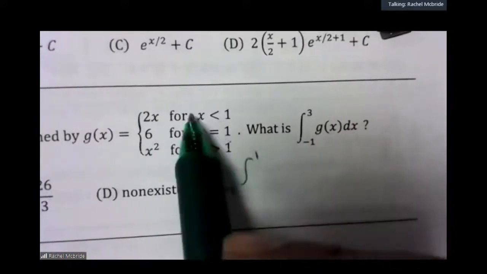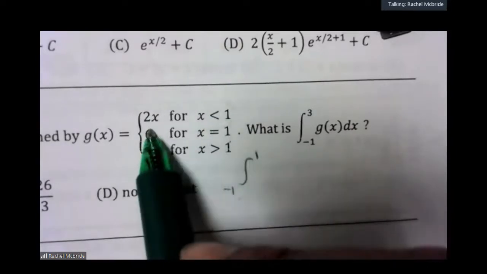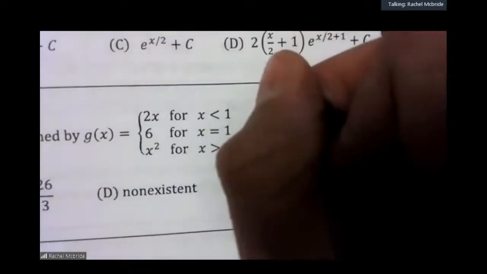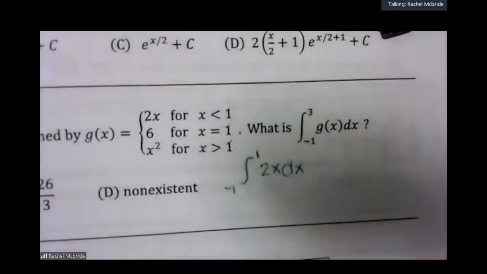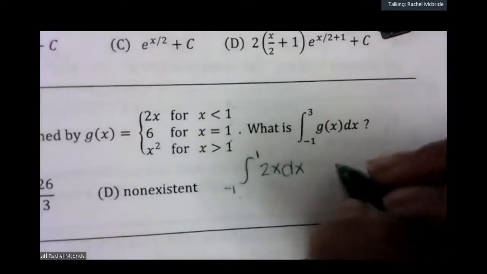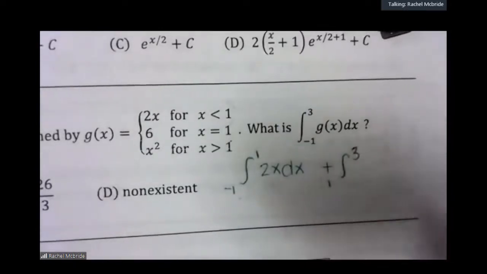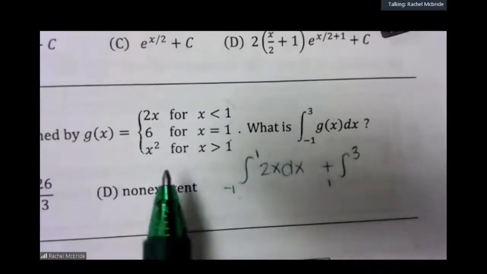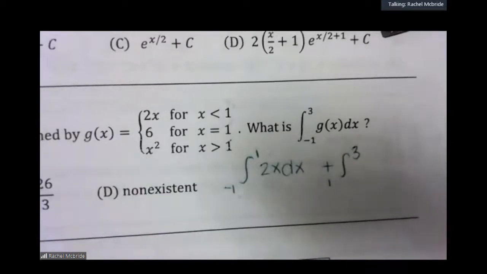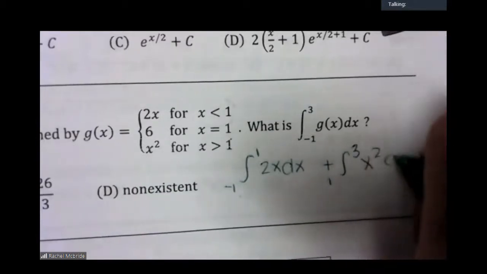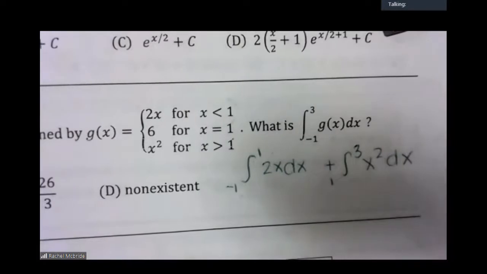So from -1 to 1, that's x values less than 1, so I'm integrating the function 2x. And then I have to consider the integral from 1 to 3 for x values greater than 1. So that's x squared. And now at this point, I'm going to antiderive.